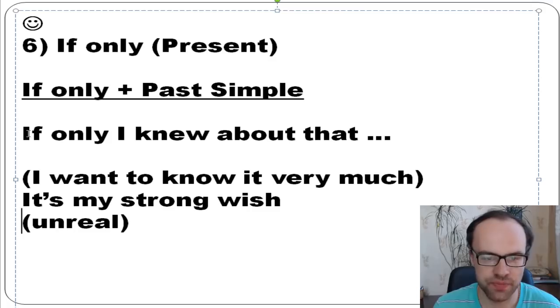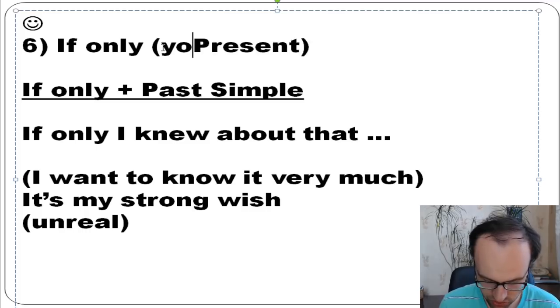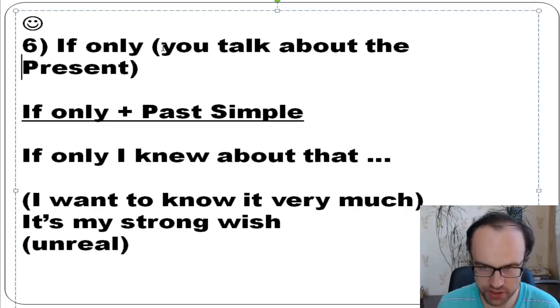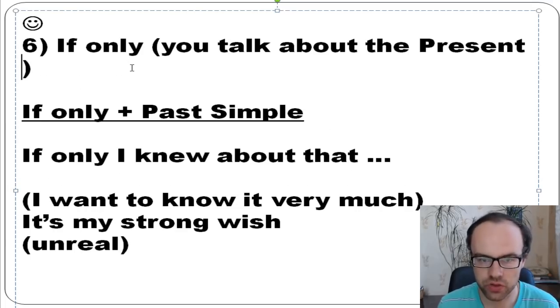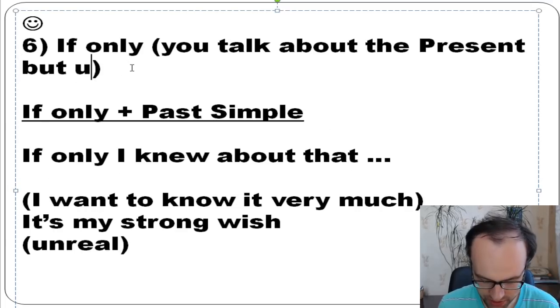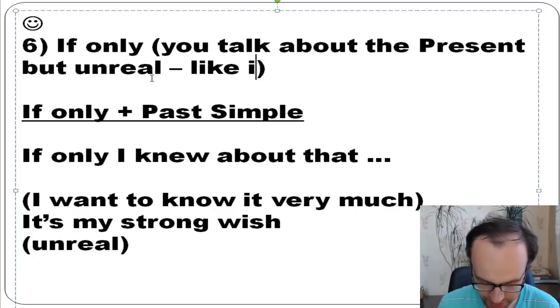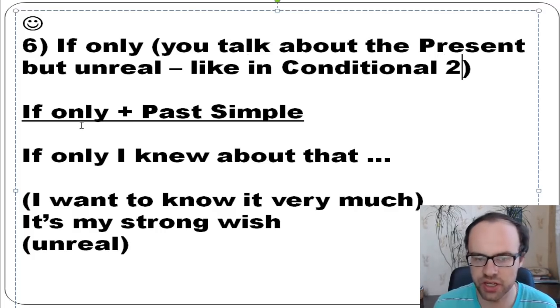So you talk about the present, but unreal, like in the second conditional. I hope that you remember it. And that's why we use past simple. If only plus past simple.